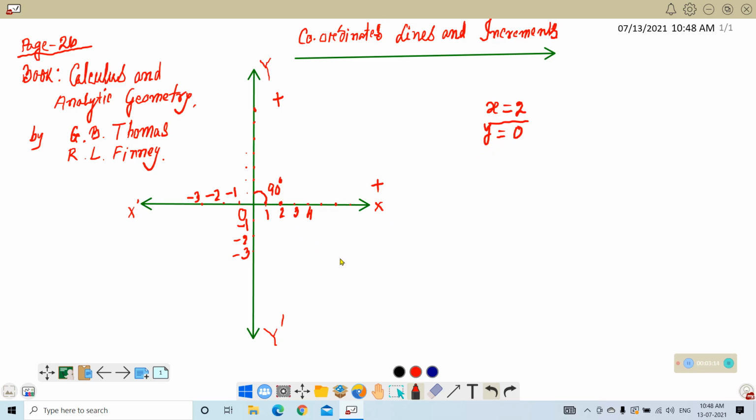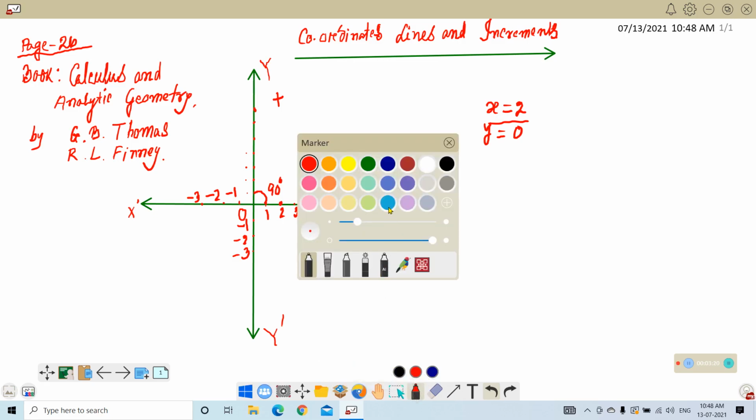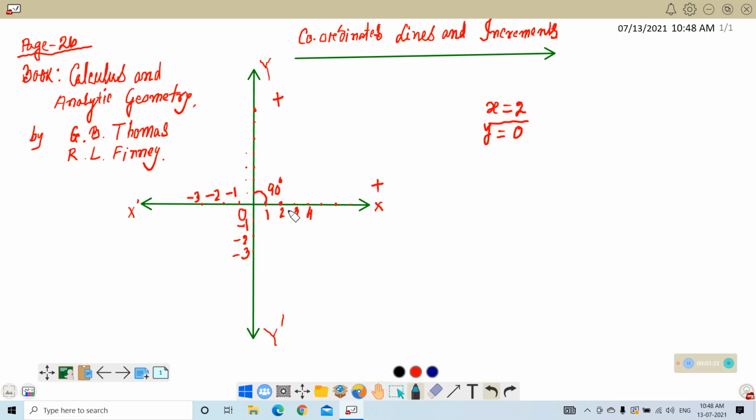So particularly this point corresponds to the point (2, 0). That means x is equal to 2 and y is equal to 0.